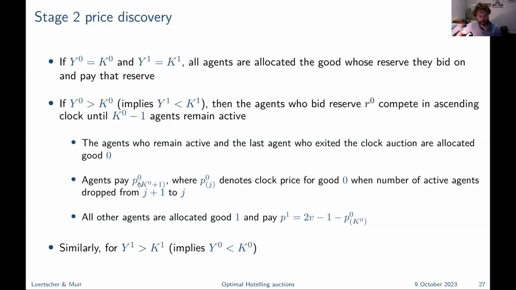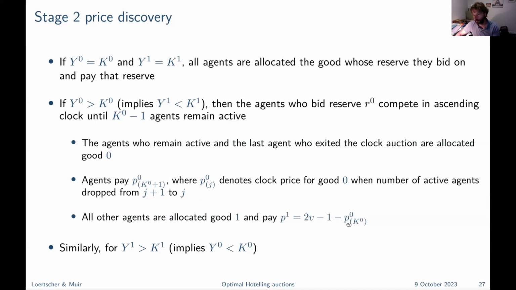Okay, and so the payments are going to be P naught of K naught plus 1. So that's the last agent to drop out of that clock auction for good zero. So that's what the agents who win good zero are going to pay. And the other agents are going to pay the lowest bid that they could have made while still obtaining good one, which is going to be this here.